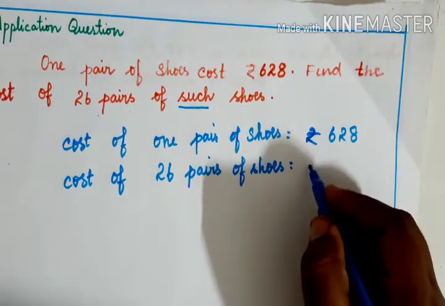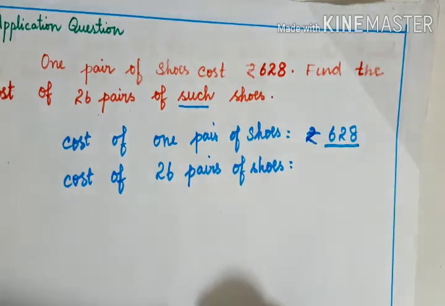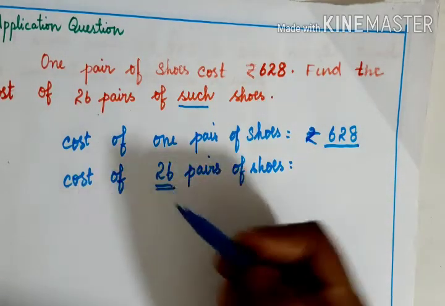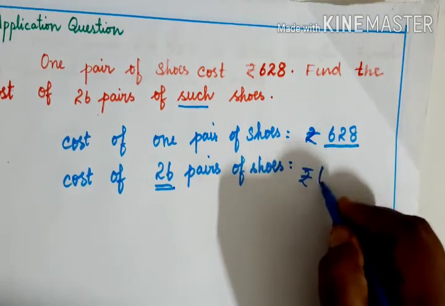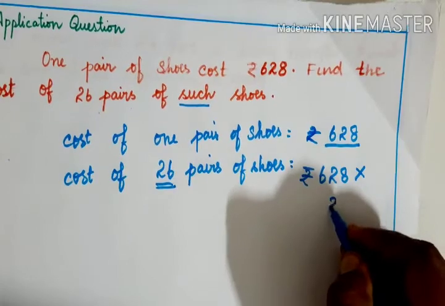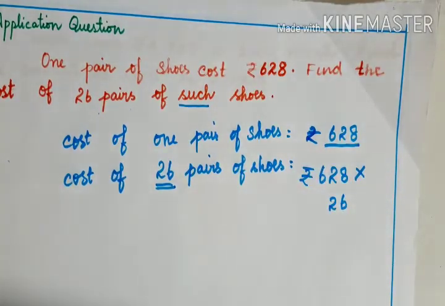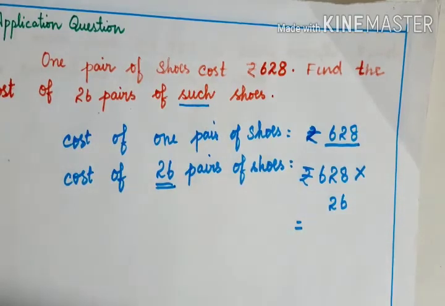You already have the rate for one, and you have to find it for 26. So you have to multiply. That is rupees 628 into 26. So that is equal to, and you can directly write the answer here.